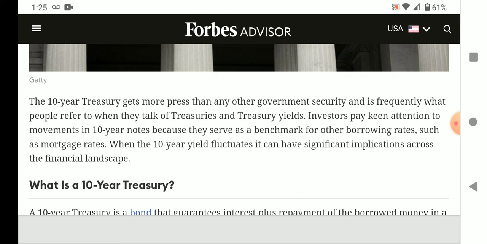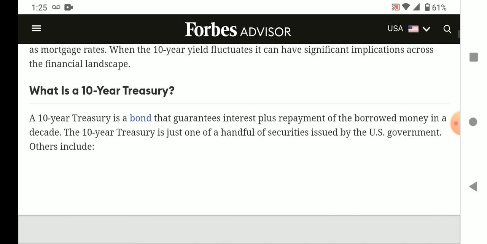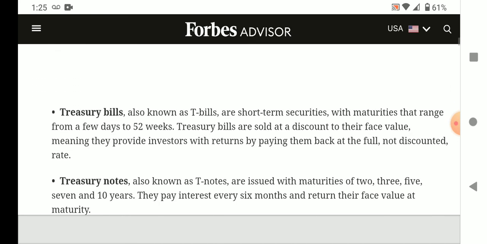That's basically the signal. They are the benchmark for mortgage rates and all other rates for loans. When the 10-year yield fluctuates, it can have significant implications across the financial landscape.